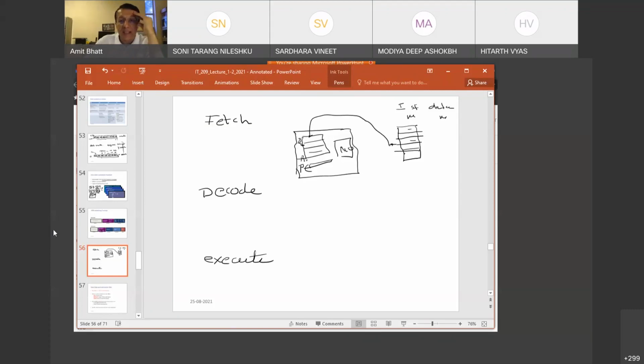Now in the fetch stage, you use a program counter. Are you aware of the function of program counter? From your DLD class? No, okay. Sir, we studied about counters, but not program counter.